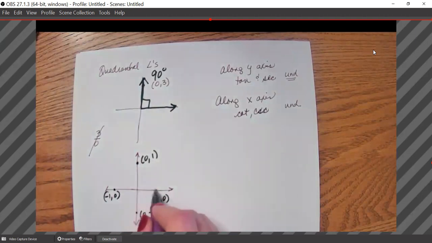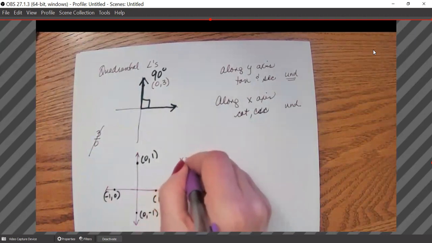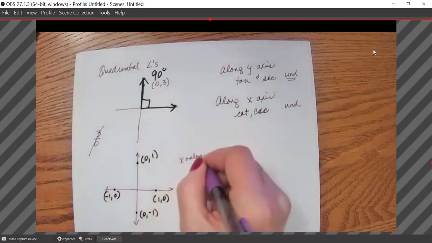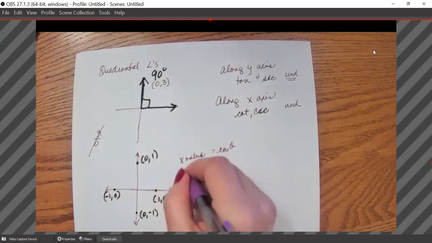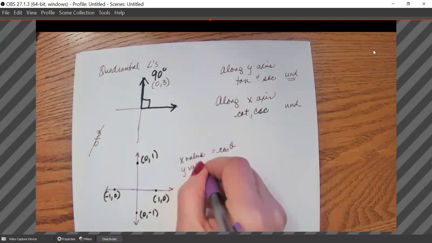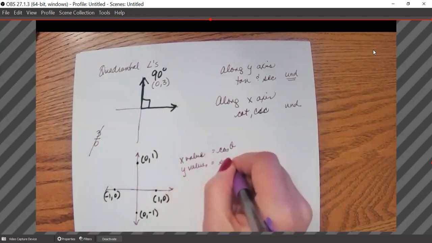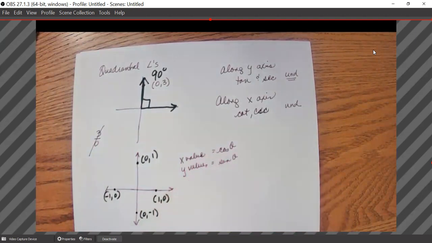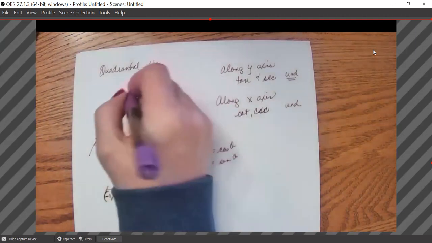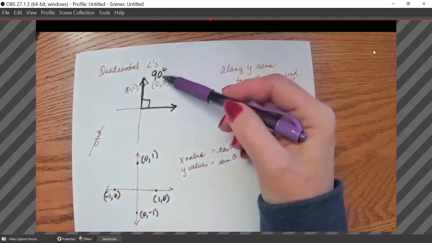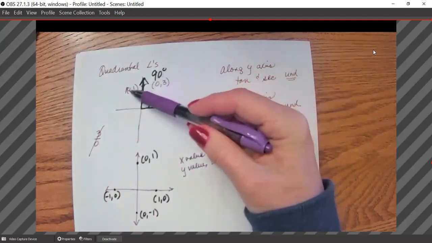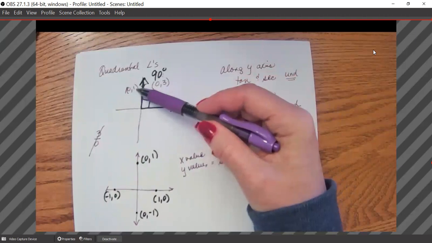If your terminal side falls on one of these points, the x value is the cosine of the angle. The y value is the sine. This would be the point 0, 1. A 90-degree angle would have a cosine of 0 and a sine of 1.